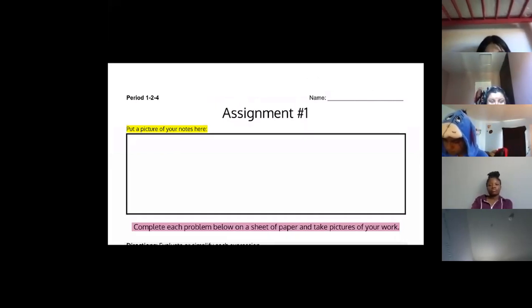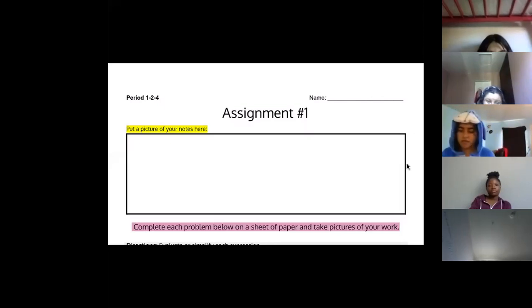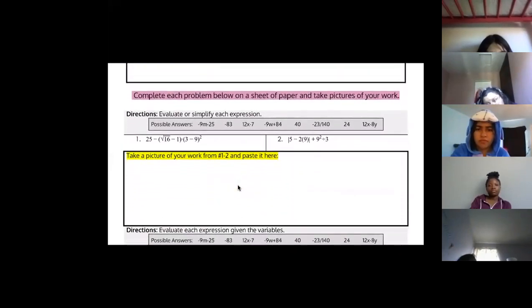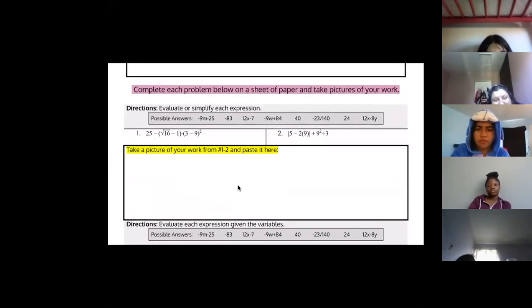All right, go ahead and find that one. I think I got everyone, but if you are trying to go to a breakout room, just go ahead and chat me. As you see, the first part of the assignment is you're going to take a picture of your notes. If you scroll down, you should see the problems that we're going to work on to start.